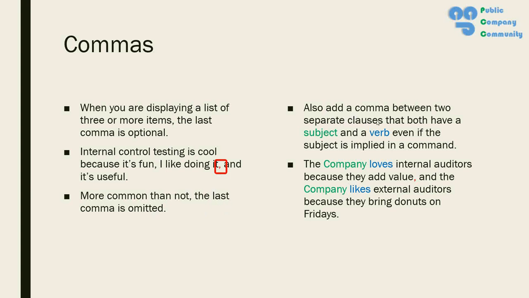Also, we add a comma between 2 separate clauses that have both a subject and a verb. This rule is not to be confused with this list of items rule. So here's an example. The company loves internal auditors because they add value, and then that clause right there can completely stand alone, and in this case the comma is accepted, and not even just accepted but required.